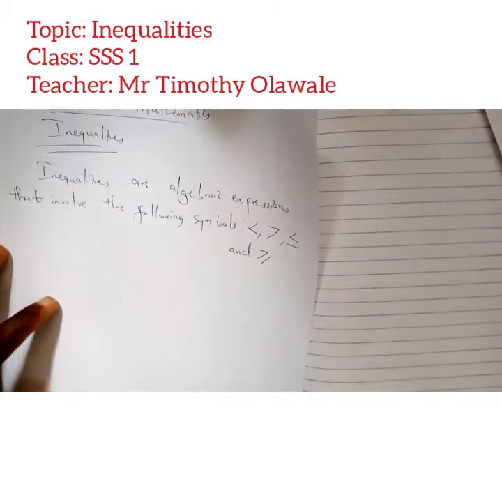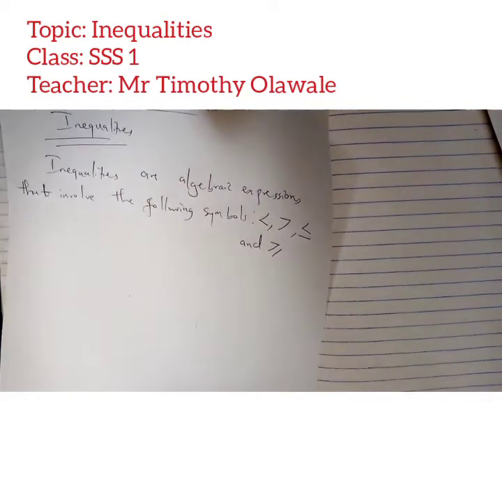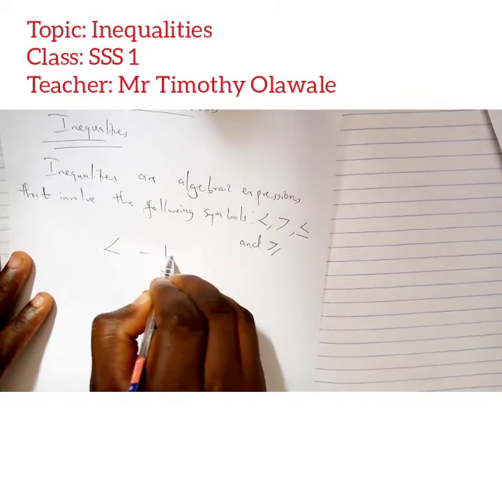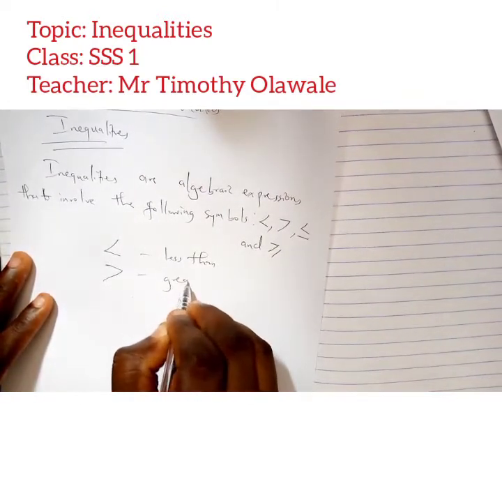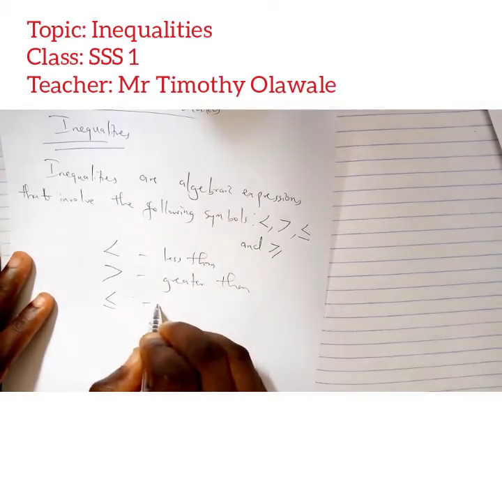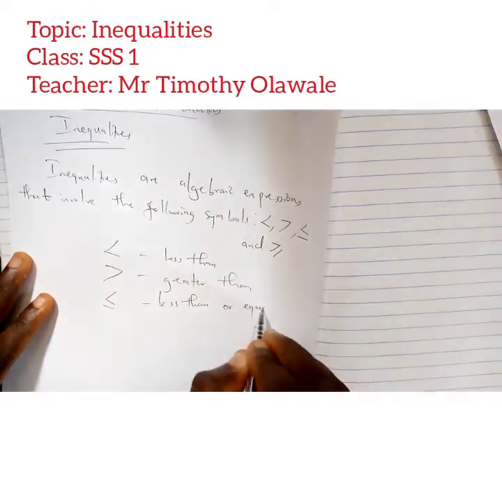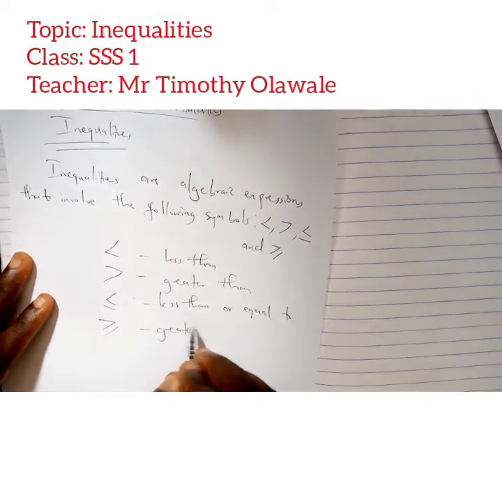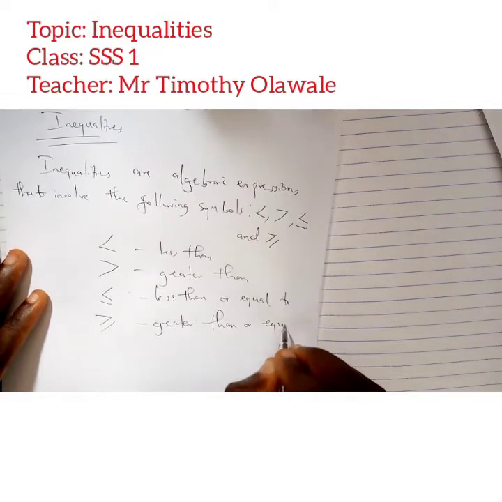So these are the symbols that if we see them in an algebraic expression, we can say this is an inequality. This is less than, this is greater than, this is less than or equal to, this is greater than or equal to.